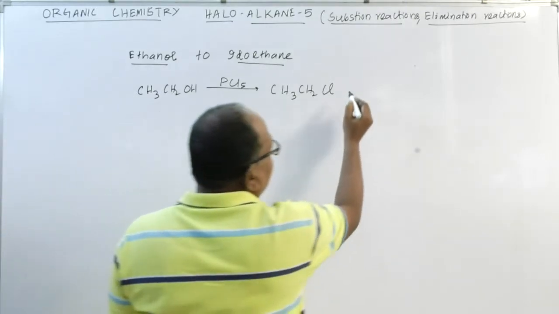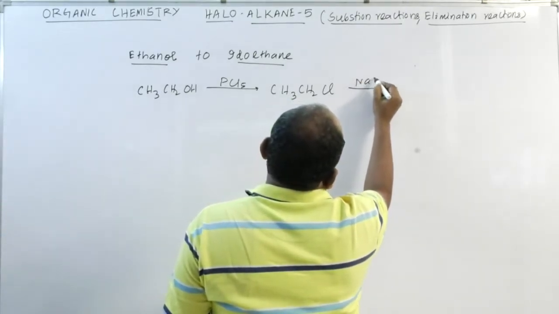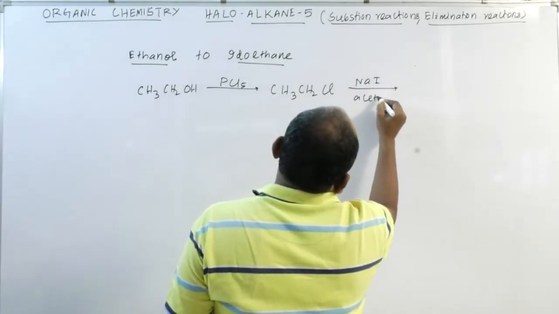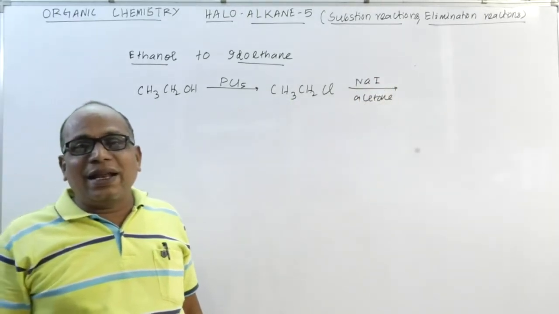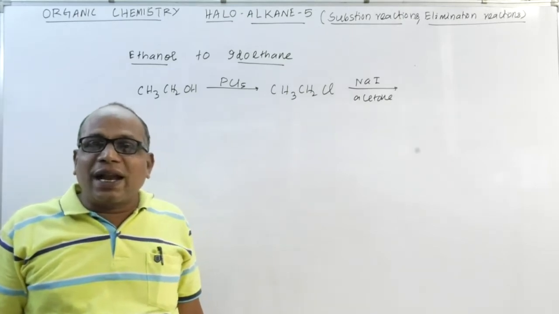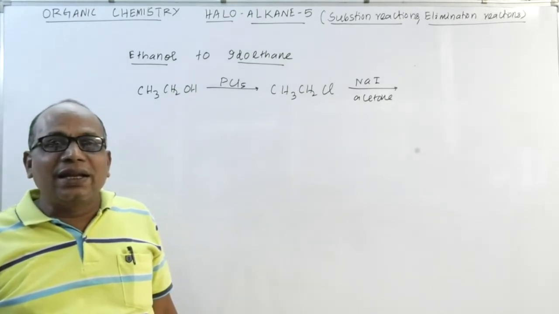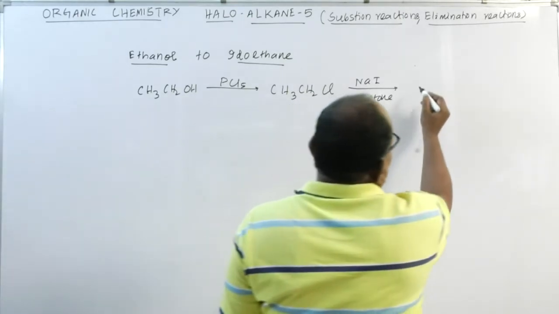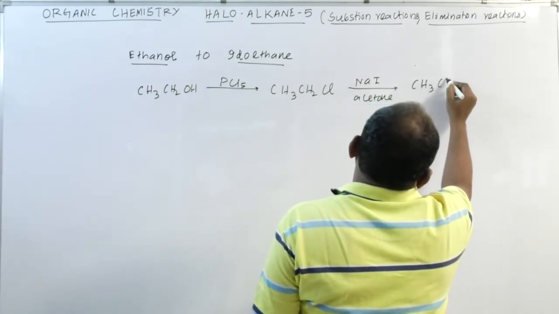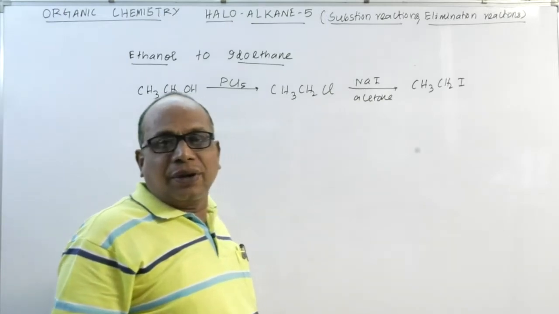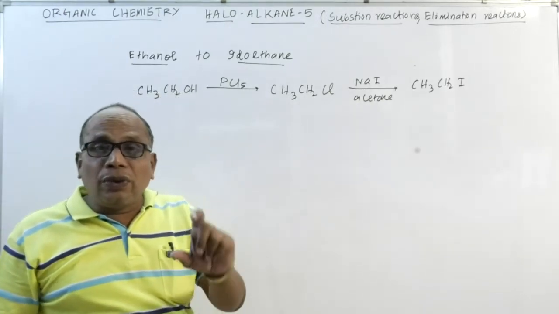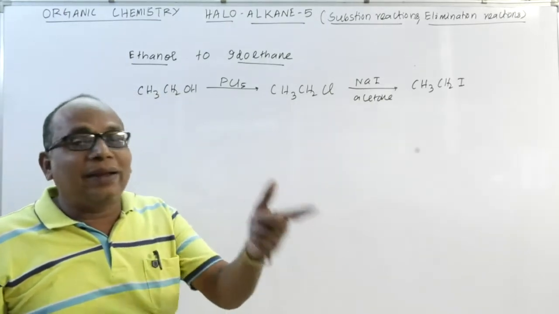And this is then treated with NaI in presence of acetone. What is this reaction? The name of the reaction is halogen exchange reaction, or Finkelstein reaction. So it became CH3CH2I. Okay, students, so when you know the characteristics, we apply them.